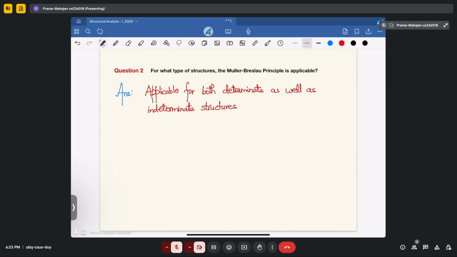Fine. So this is the basic law, or you can say theorem, that is applicable in solving the problems related to influence line diagram. So let's solve a few problems related to this.